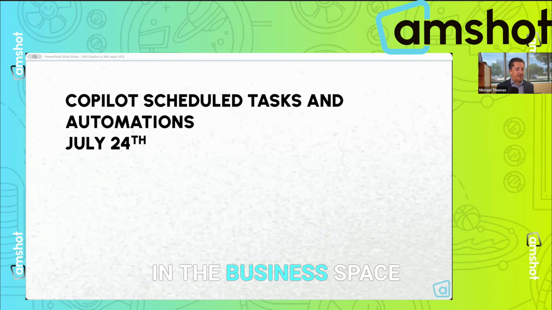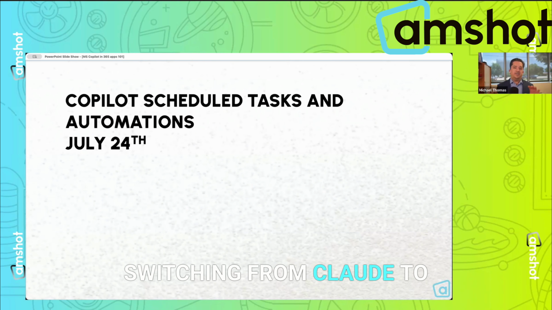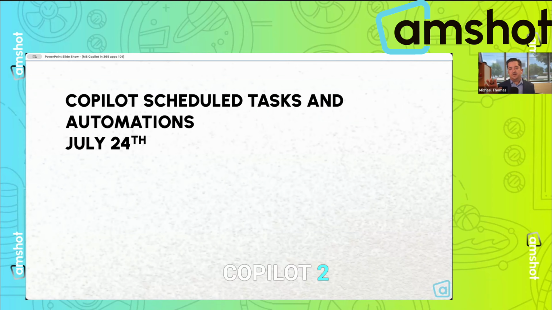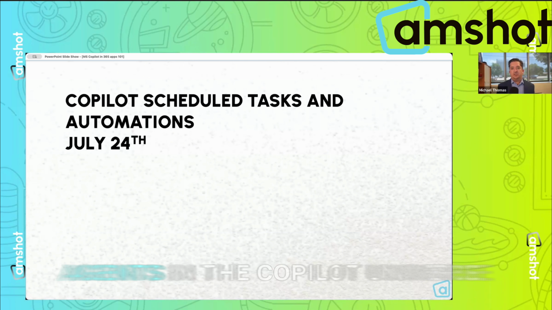In the business space, it's really nice to have them all in one place versus switching from Claude to Copilot. Grok is available in the back end of Copilot now. It's a great way to do those things. Some tasks are going to be better with ChatGPT, some tasks are going to be better with Claude. And as you're building agents in the Copilot universe, you can just pick and choose which model you want.